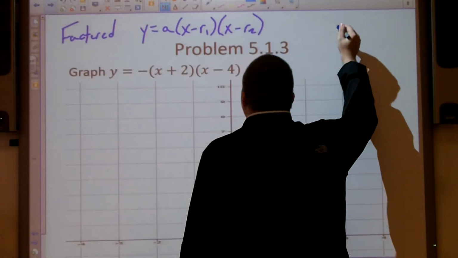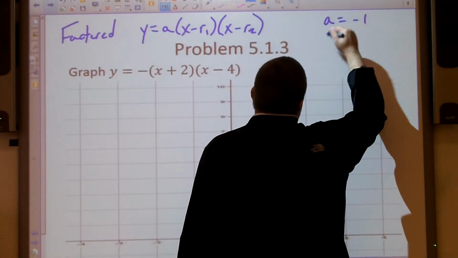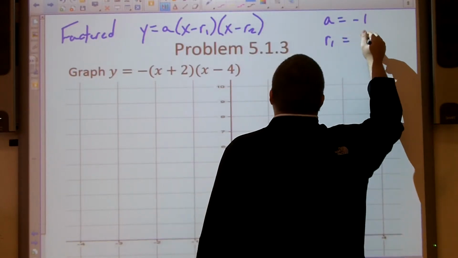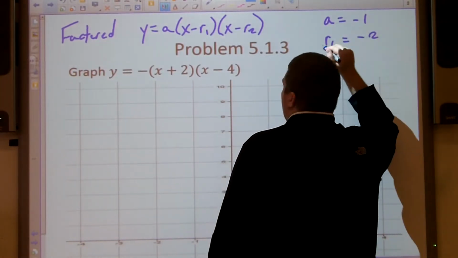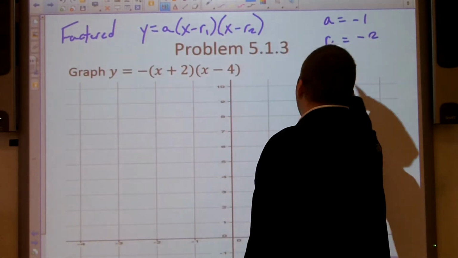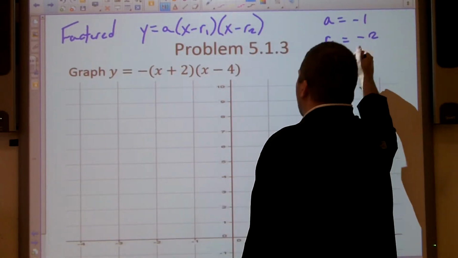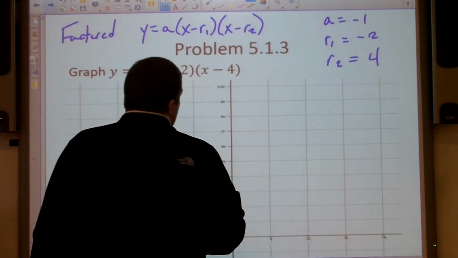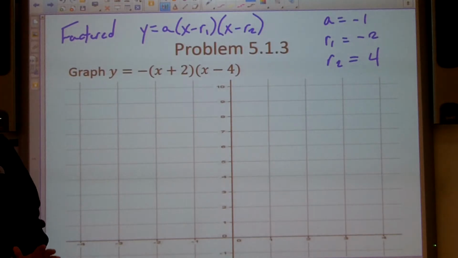So first, a is negative 1, r1 is equal to negative 2, because negative and negative make a positive. R2 is 4.